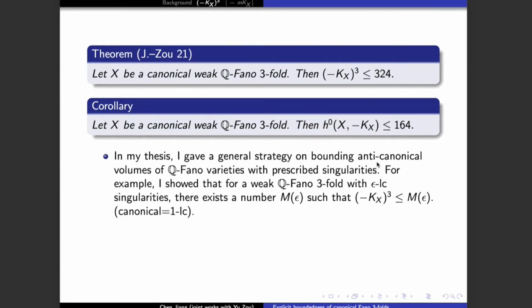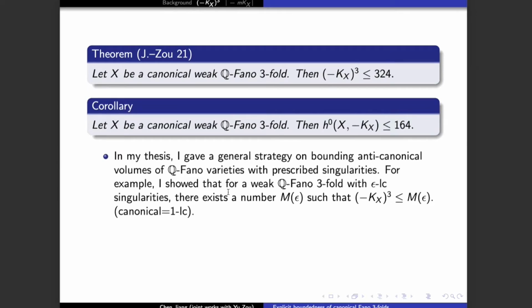Let me give some remarks. In my PhD thesis, I gave a general strategy on how to bound the upper bound of the anticanonical volume of Q-Fano varieties with prescribed singularities, for example with epsilon-LC singularities.